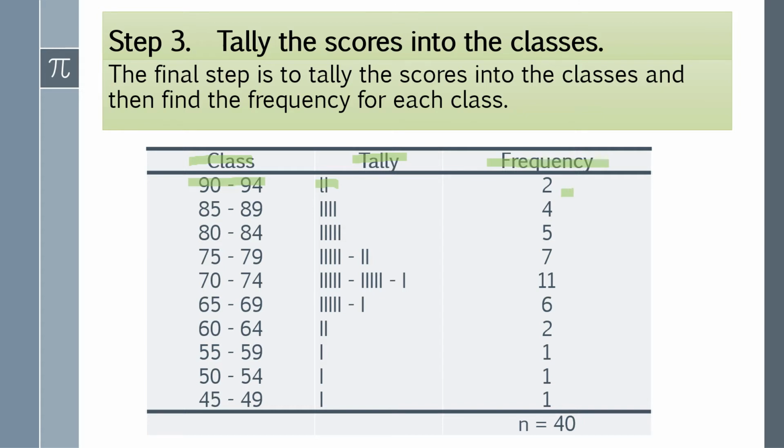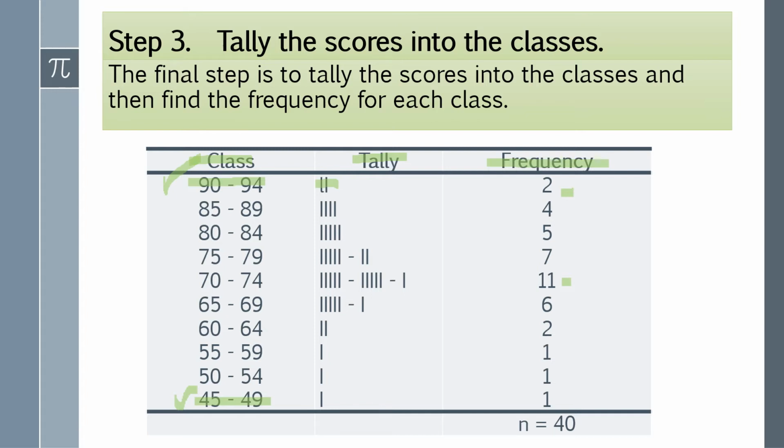Okay, same with through with 85 to 89, 4, 80 to 84, 5, 75 to 79, 7, 70 to 74, 11. Okay? So note that your upper class, 90 to 94, covers the upper limit, and your lower class, no, 45 to 49, covers the lower limit or the most lowest limit.